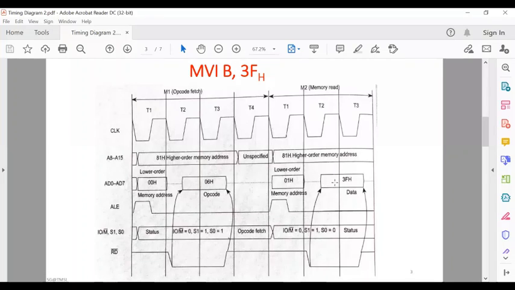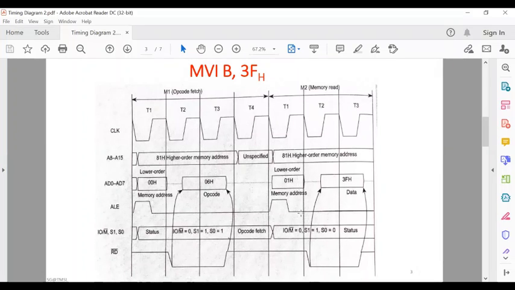The operand or the data which is to be moved to the B register. So the second machine cycle is the memory read machine cycle, where the operand 3F is read from the memory location 8101.